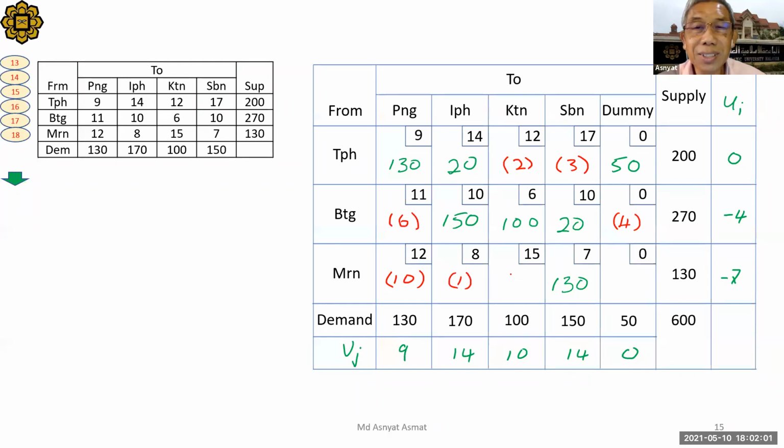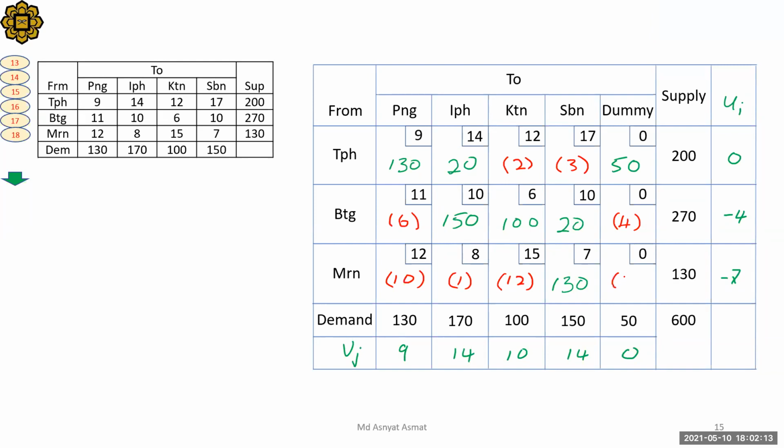Maran to Kuantan, 12. Will it be optimal or not? Last one, 7. What does it mean? Optimal. Yeah.